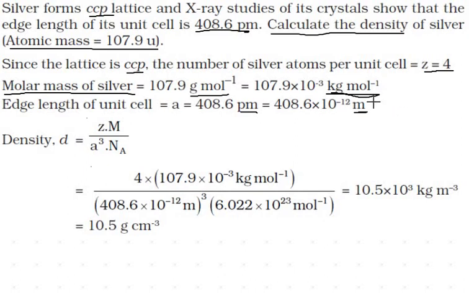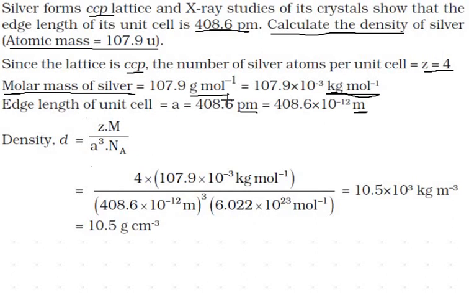If I had taken this in centimeter, the answer would be the same, but it would be in centimeter cube. Later you can see this. We calculate this in the MKS system and not the CGS system, so you need to convert this into kilogram.